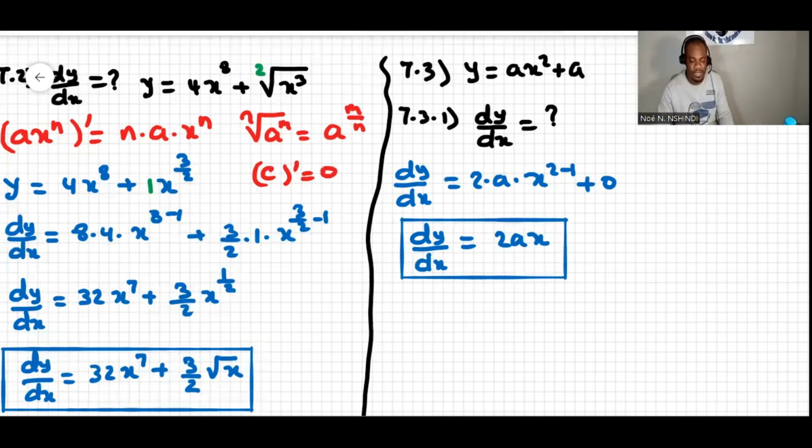Okay? And then 7.3.2, we want to work out dy over da. Okay, that's what the question says. This means differentiate the function y with respect to a now, not with respect to x. a is the variable.